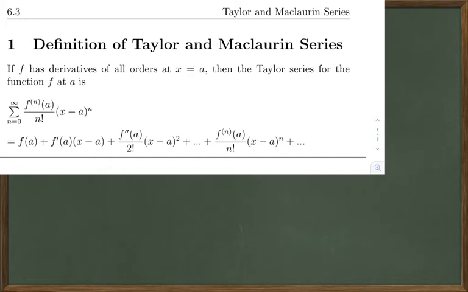A Maclaurin series would be a Taylor series specifically centered at 0.